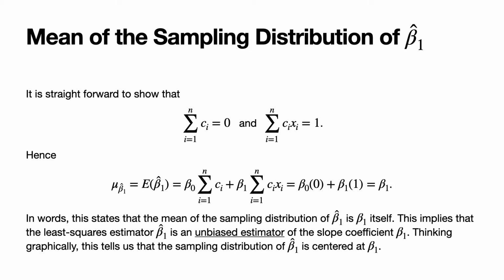So in words, this states that the mean of the sampling distribution of beta 1 hat is beta 1 itself. This implies that the least squares estimator, beta 1 hat, is an unbiased estimator of the slope coefficient beta 1. Thinking graphically, this tells us that the sampling distribution of beta 1 hat is centered at beta 1.